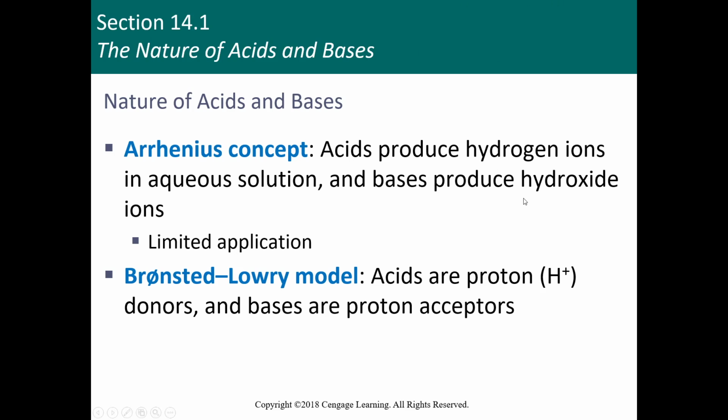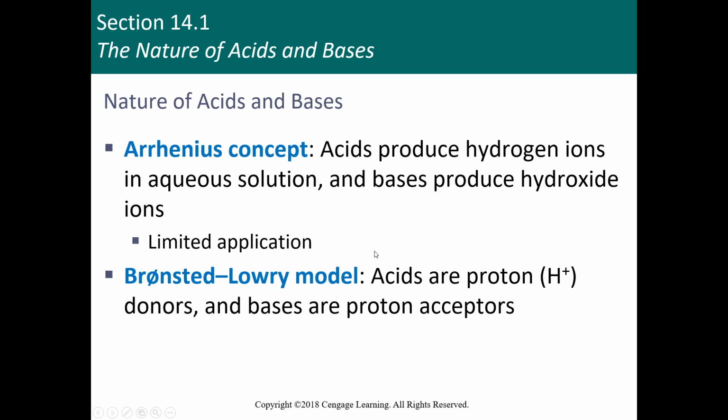Okay, so Arrhenius concept. This is again review. Acids produce hydrogen ions in aqueous solution, and bases produce hydroxide ions. This has a very limited application as far as acids and bases go. This is probably the single most limiting definition overall.